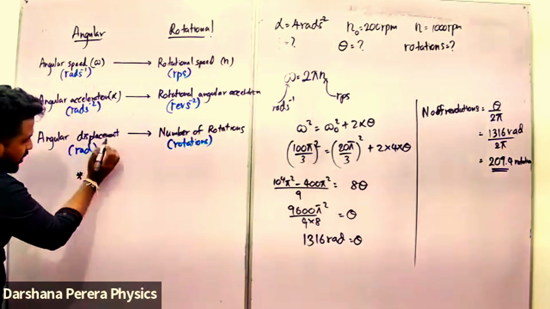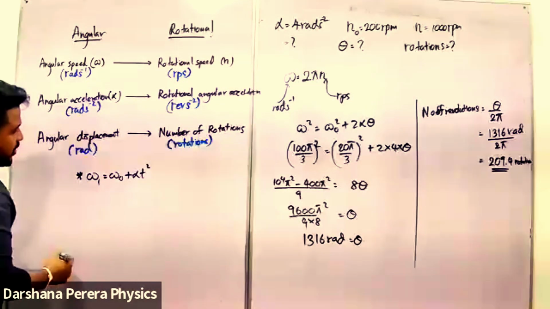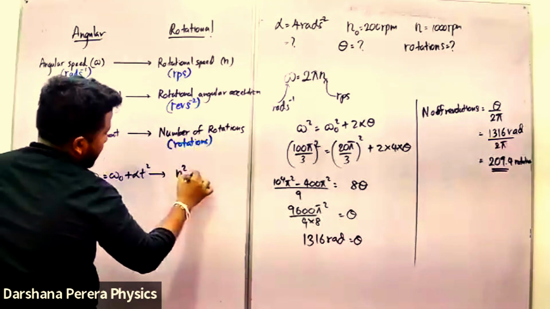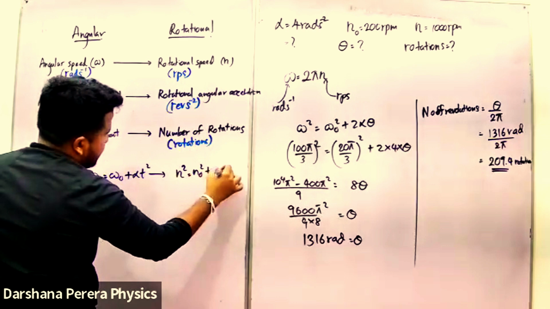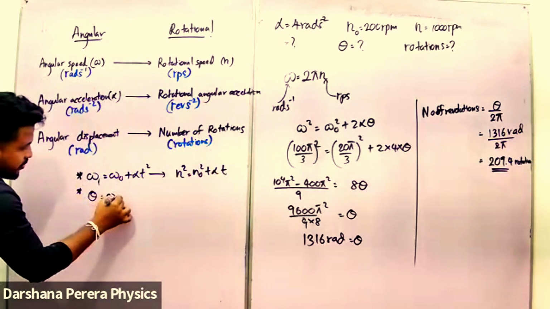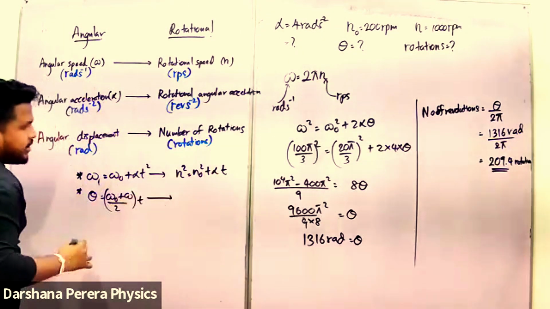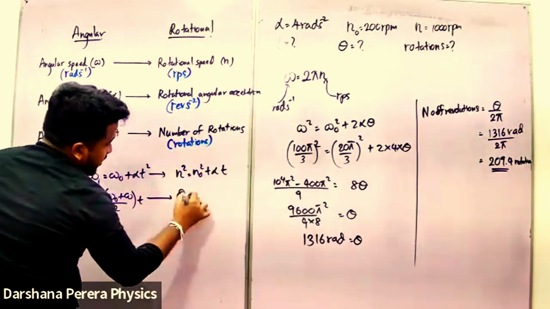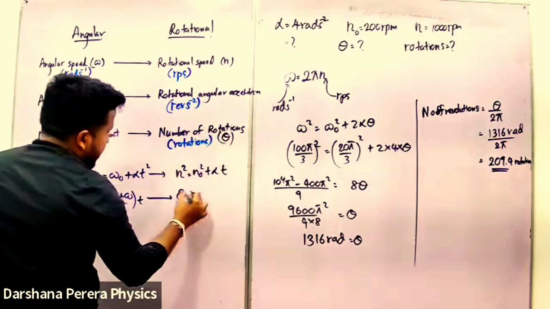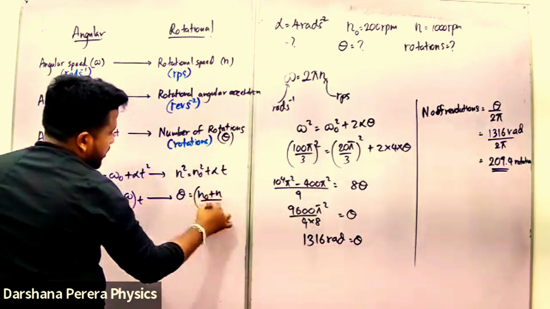Omega equals omega naught plus alpha t. We can modify it: n equals n naught plus alpha t. Theta equals omega naught plus omega over 2 into t. We can modify it, taking theta as the number of rotations: theta equals n naught plus n over 2 into t.